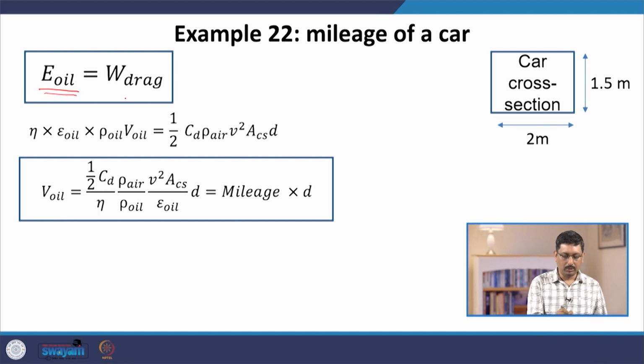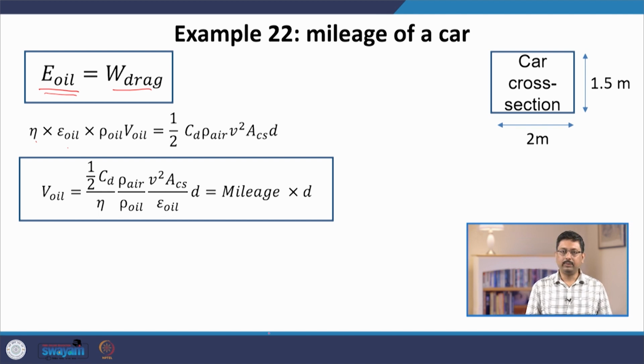So, energy of oil is equal to the work done against the drag force. If we equate these two, where the energy released is eta times the energy density times the mass of the oil, and equate it to the work done, we get an expression for the volume of the oil consumed.